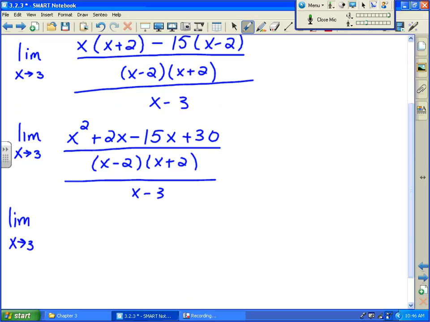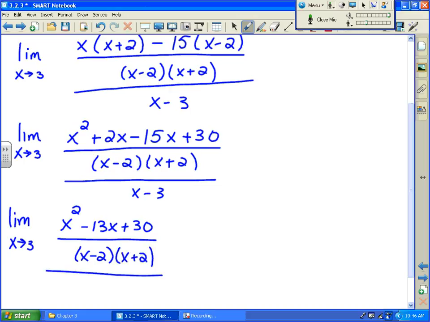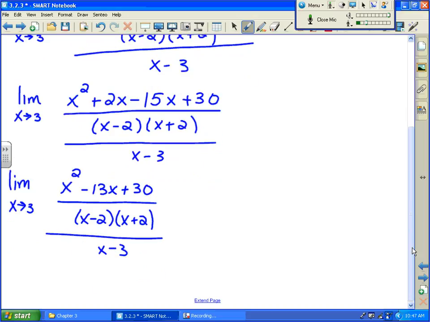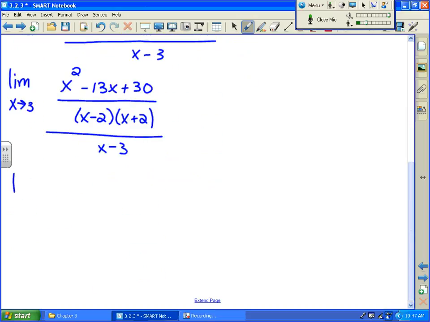Continuing on, collect like terms, I've got x squared minus 13x plus 30. So I can factor the numerator.